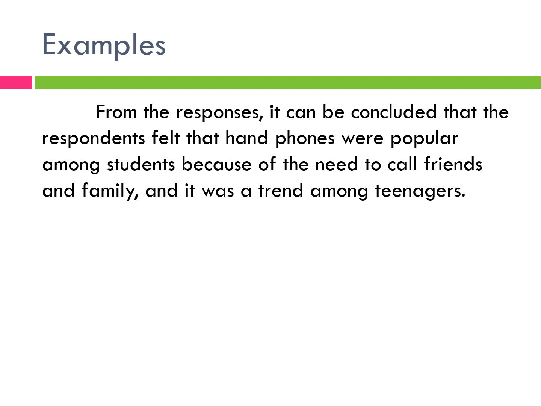So after the 3 categories just now, 3 paragraphs and the evidences, what you need to write here is a conclusion. So how to write a conclusion? For example, like this one. From the responses, it can be concluded that the respondents felt that handphones were popular among students because of the need to call friends and family.